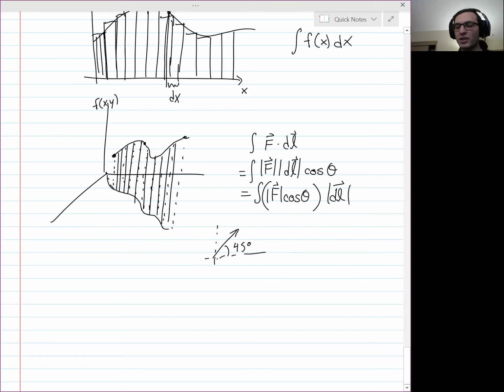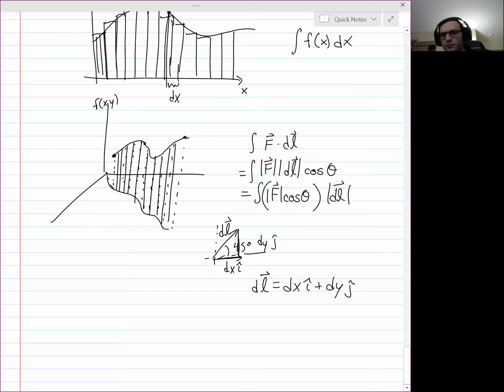Then what we would say is that the path that you travel is dx in the i hat direction, and then dy in the j hat direction. And by the way, when I say the magnitude, what I'm now saying is that our magnitude should be dx squared plus dy squared, which is what we want it to be. But at a 30-degree angle, you have to worry about sines and cosines and so on and so forth. So the whole takeaway is that in this case, dl is just the vector dx i hat plus dy j hat, and that's it.